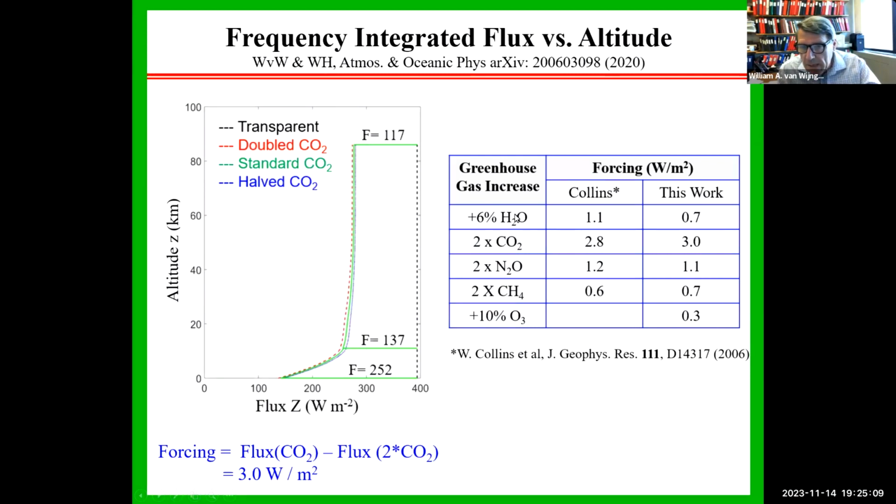In the case of water vapor, if we add 6% of water vapor, that would correspond to, say, a 1 degree C increase in temperature. For every 1 degree C increase in temperature, the saturation water vapor goes up by 6%. We're a bit lower than what others get. But the bottom line here is that our results are pretty much in line with what others get.